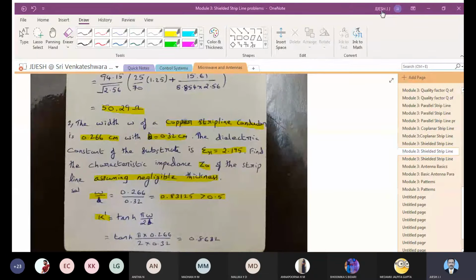So you will get it as 0.83125. Whether all of you got 0.83125? Yes, sir. Okay, find out K dash.